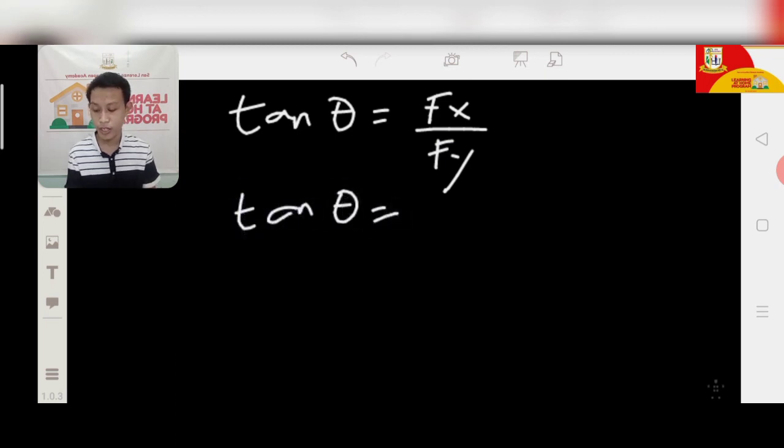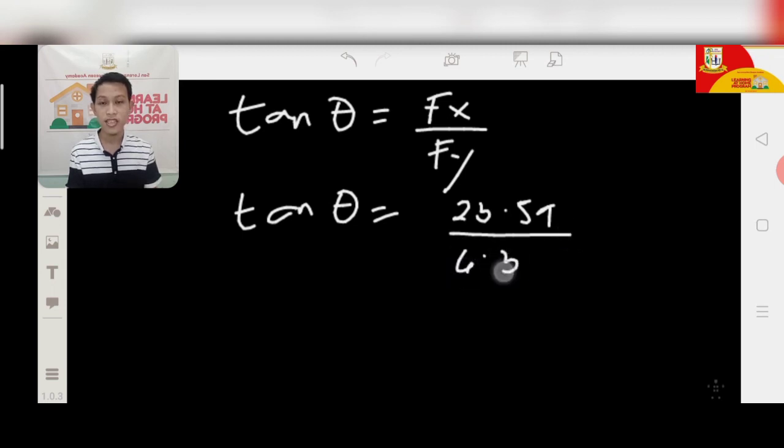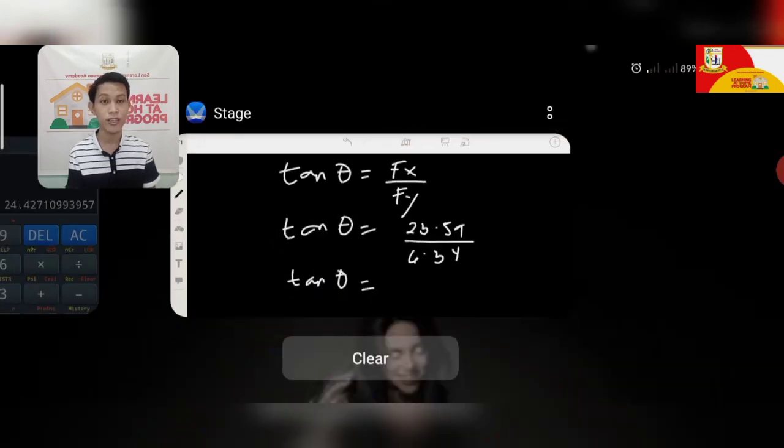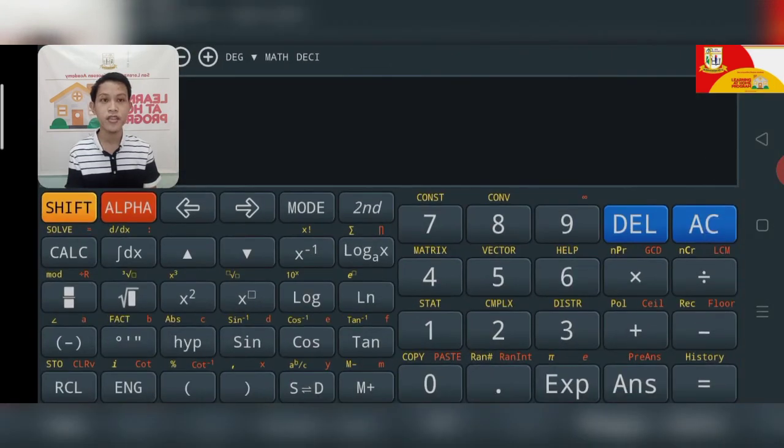Our f of x is 23.59 and our f of y is 6.34. Let's divide 23.59 by 6.34, and we will get 3.72.